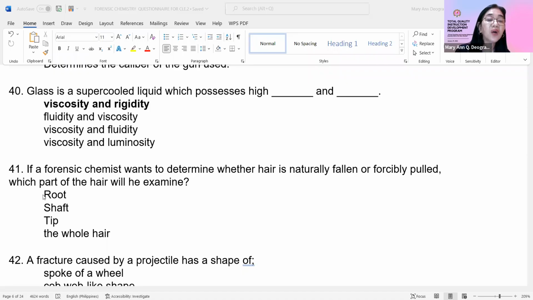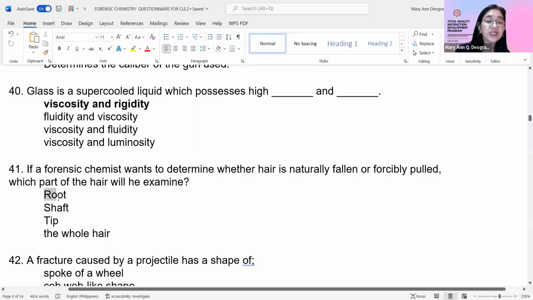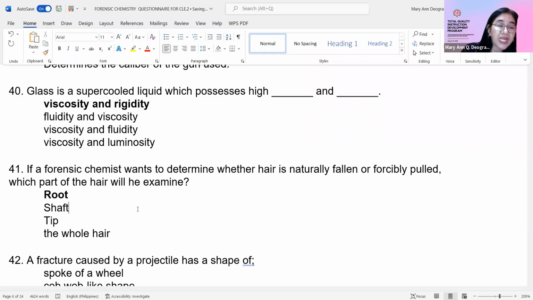Kasi, how will we determine whether it's naturally or forcibly pulled hair? Pag natural hair kasi yan, no? It does not contain any longer the root. Wala nang root yan kasi nga kaya lagas dahil nawala yung root. Pero kung yan, it was forcibly removed, let's say from the scalp, meron pang roots yan, no? It's oily and then it's bulbous. No? So makapal yung root ng hair.